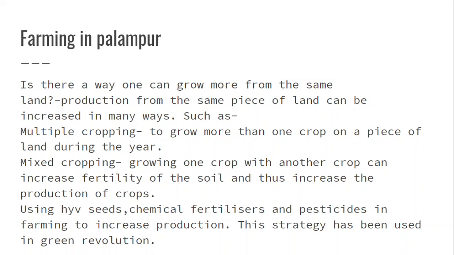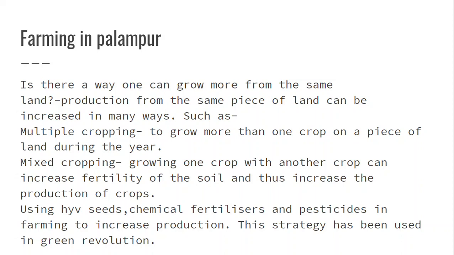Some of the ways are as follows. Multiple cropping, which is to grow more than one crop on a piece of land during the year. Mixed cropping, growing one crop with another crop to increase the fertility of soil. And using HYV, which is higher yield variety seeds, chemical fertilizers, and pesticides in farming to increase production.